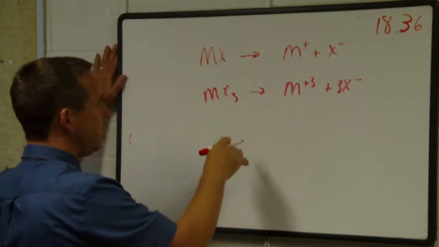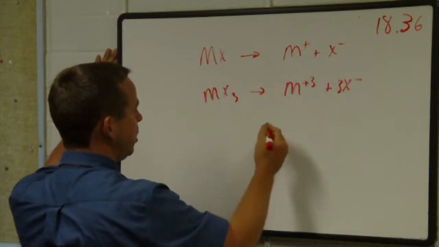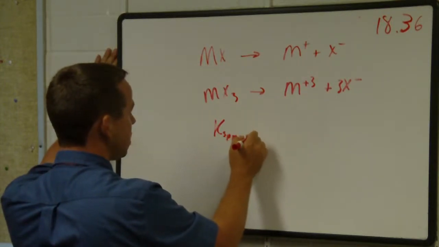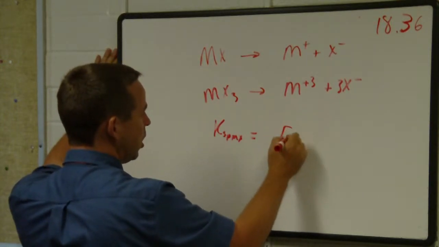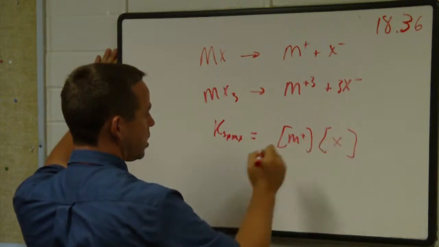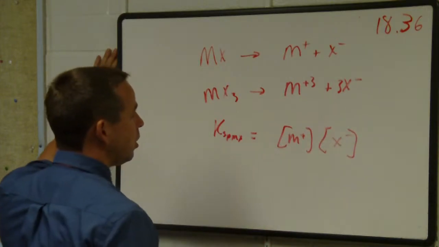The KSP for this top one, KSP of MX, has to be equal to the concentration of M plus times the concentration of X minus.